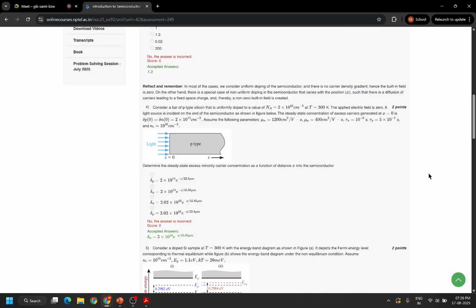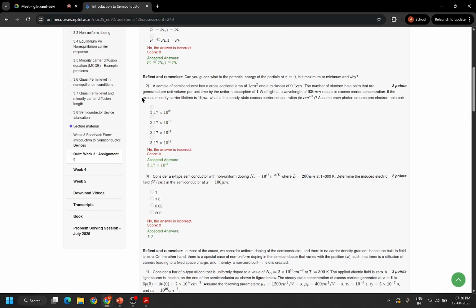Assume the following parameters: mu n equals 1200 centimeter square per volt second, mu p equals 400 centimeter square per volt second, tau n equals 10 to the power minus 6 seconds, tau p equals 5 times 10 to the power minus 7 seconds, and ni equals 10 to the power 10 per centimeter cube. Determine the steady state excess majority carrier concentration as a function of distance in the semiconductor.